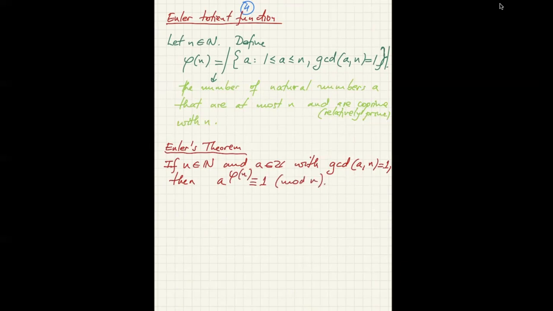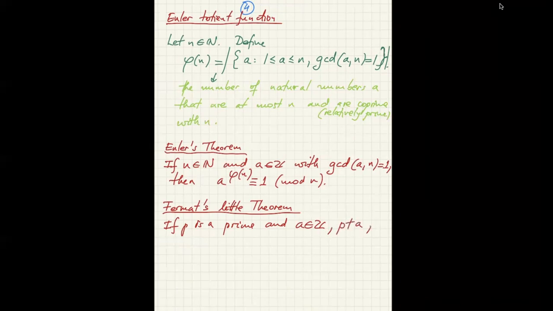This is a result in number theory which is a generalization of another famous result, Fermat's little theorem, which states that if p is a prime and a is an integer with p not dividing a, then a to the power p minus 1 is congruent to 1 mod p.